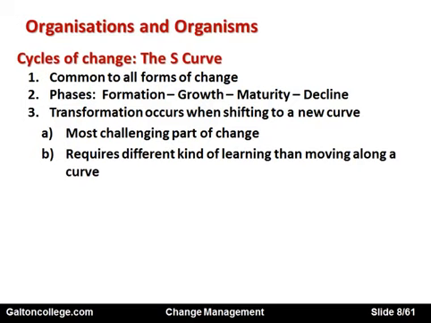So there's different types of learning and different skills required when a new product is introduced. And it's important that once the company has jumped from one S-curve to the next, that it moves along the curve.